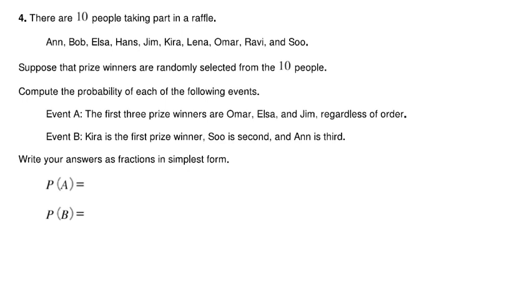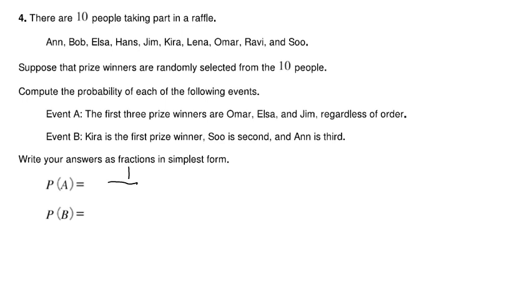So the order of selection does not matter. Apparently for event A, we are considering all the prizes being identical. So how many ways can we pick Omer, Elsie, and Jim? One way. Pick them, because again, there's no order. So it doesn't matter who got picked. If we need the 3 picked, there's only one way to do it.